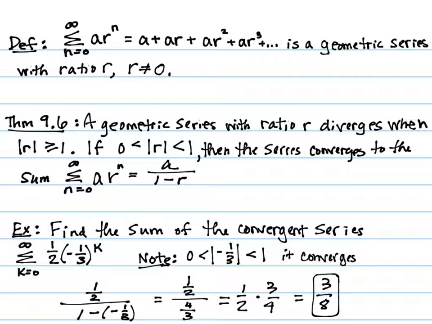Can you give me an example of a number in the place of the negative 1/3 that would make this diverge? 2? What else? 3? We can use fractions and decimals too, though, right? There's nothing special about whole numbers. And we can do negatives also, like Jubal mentioned. It doesn't have to just be positive. So we could say something like negative 7.2, yeah? And it would also diverge.